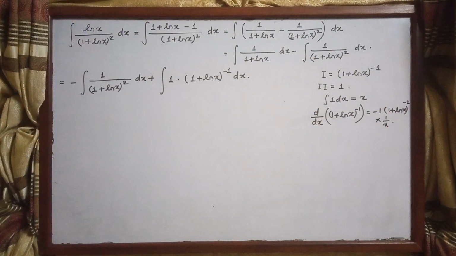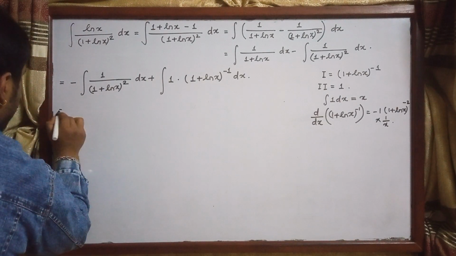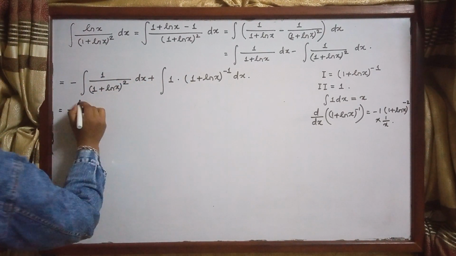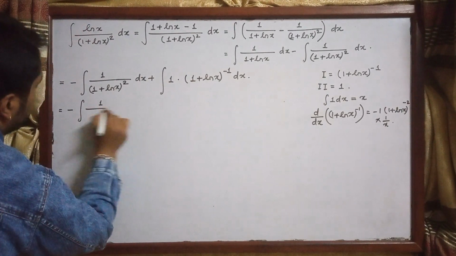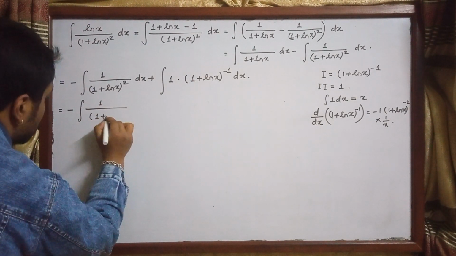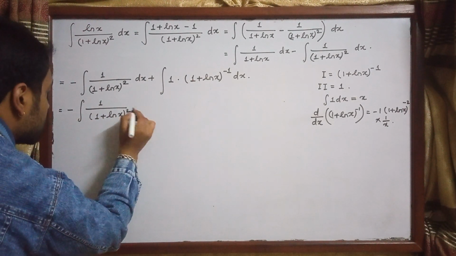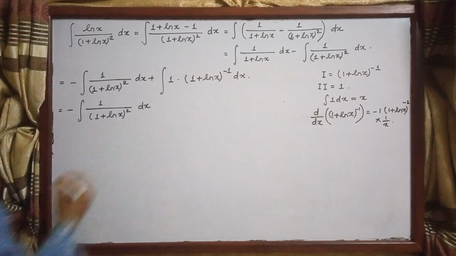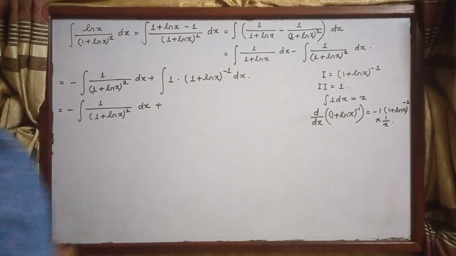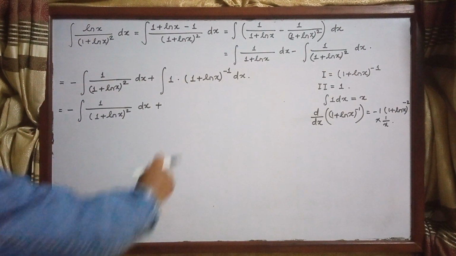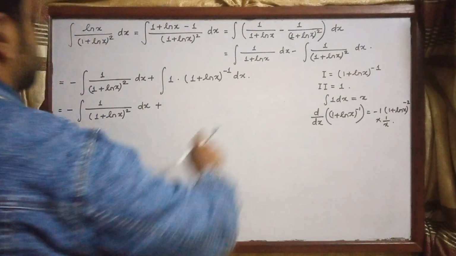All right. Now we're going to have this part as it is. We're going to tackle it later if we have to. Plus, now we're going to use integration by parts for this integral.